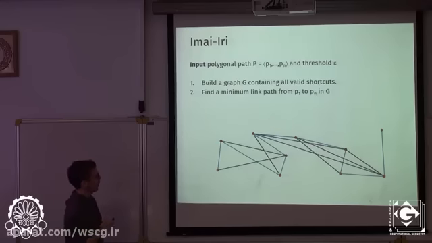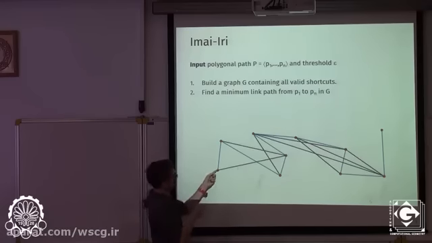So this could be my graph. For instance, here this segment represents the part from here to here, and let's say this part is similar enough to the segment, then that's why I'm adding this edge to my graph.